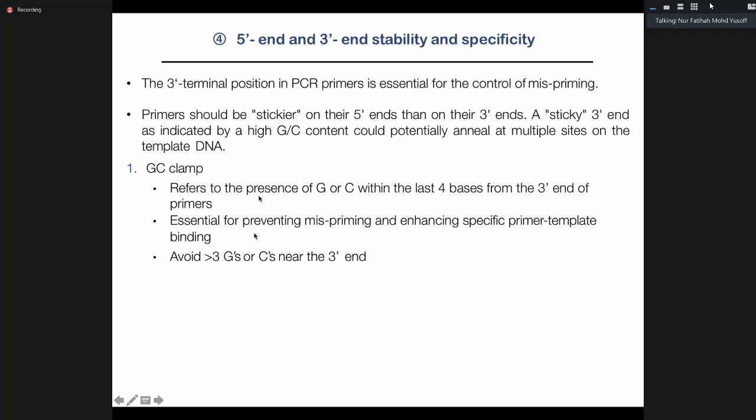It is essential for preventing mispriming and enhancing specific primer-template binding. So you have to avoid more than 3 G, or more than 3 C, or more than 3 of G and C at the 3' end.